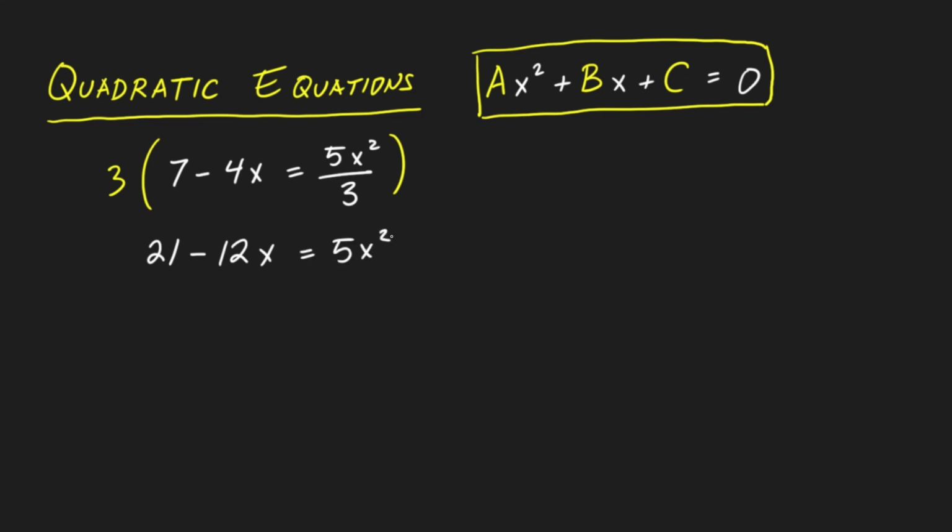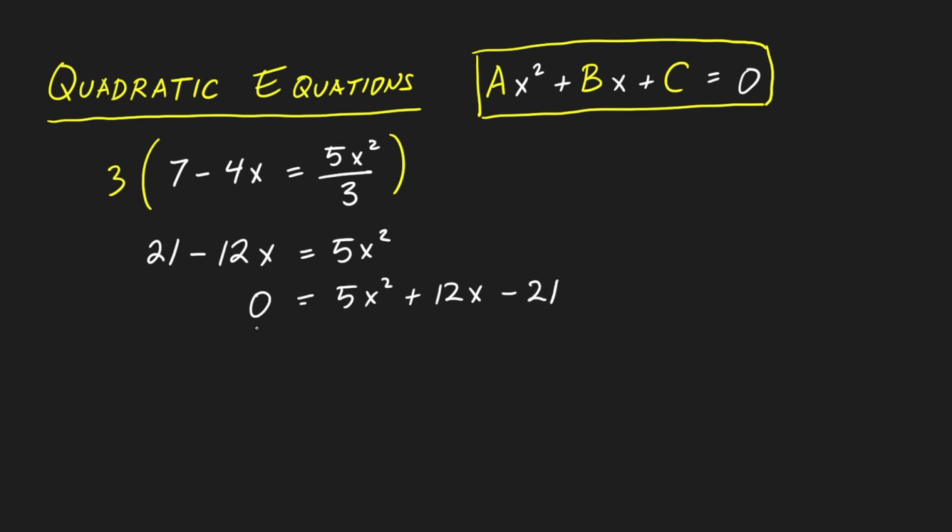All right. Then we move everything on the left to the right side. First we're going to move the 12x. On the right side, it becomes plus 12x. And the 21 becomes minus 21.